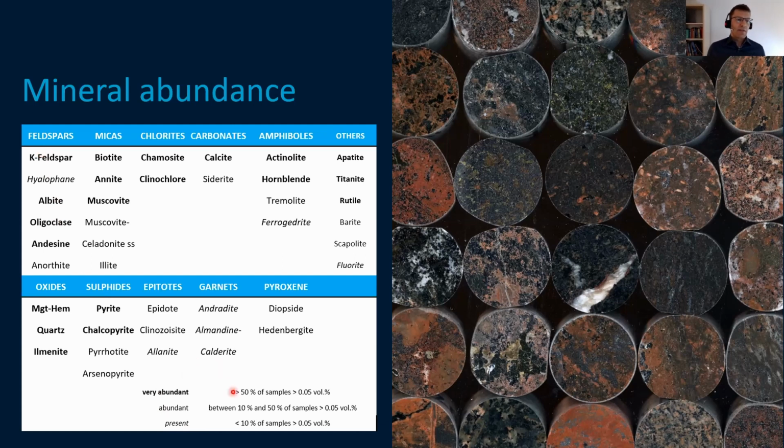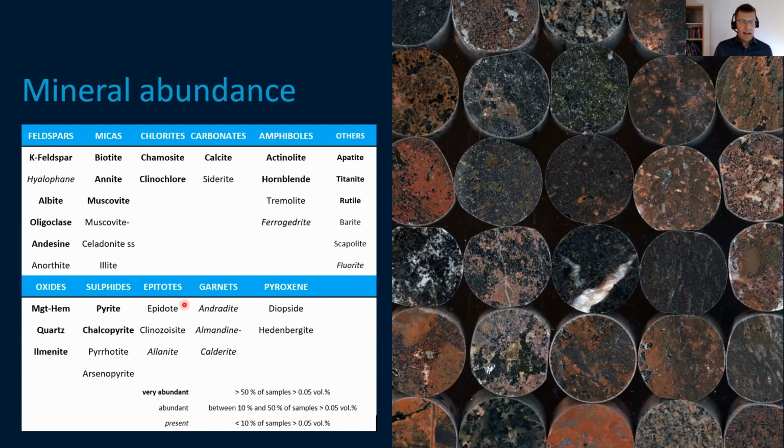So these are minerals where greater than 50% of the samples show, for example, K-spar larger than 0.05 volume percent. On the other hand, you have minerals which are rare or even only present, for example, fluorite is present in less than 10% of the samples. So what is this about? We basically took the published database and started to work with it.